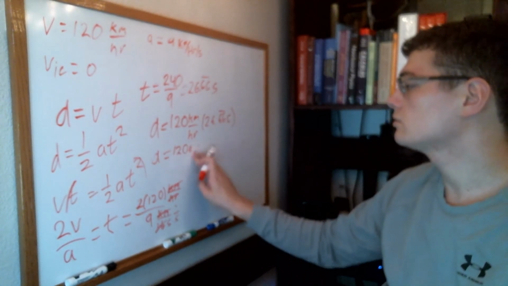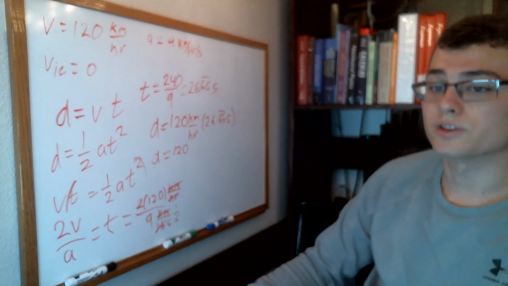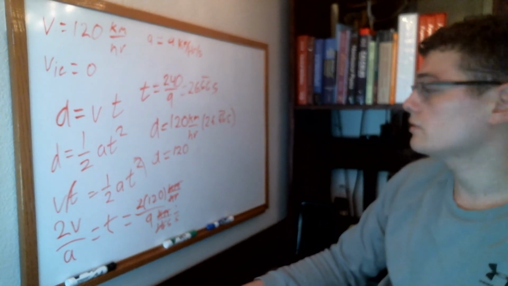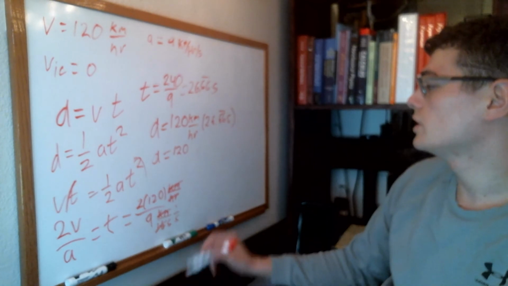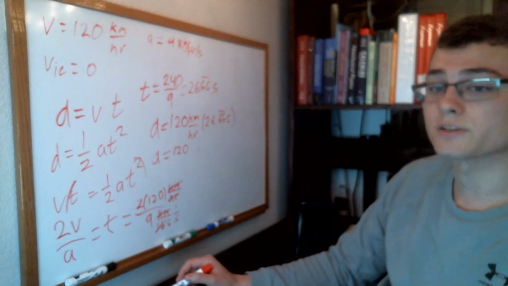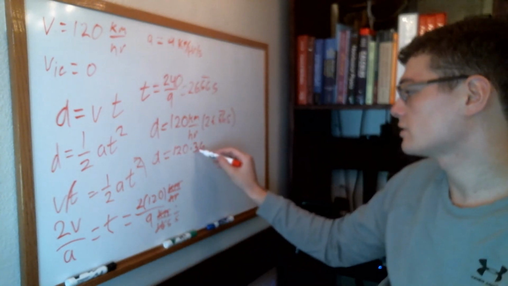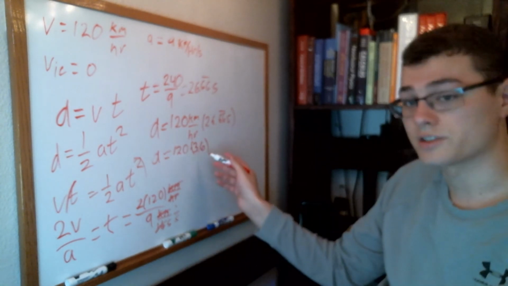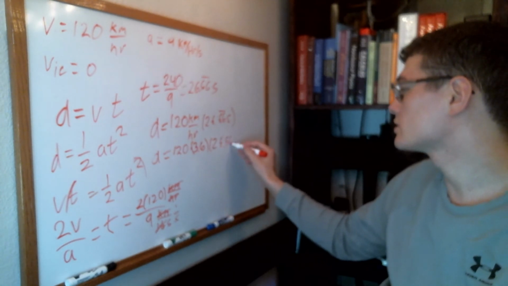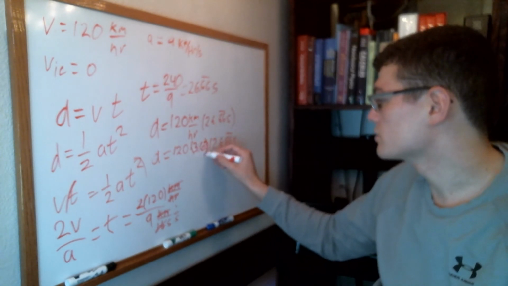Oh, and also we can make this a little simpler by converting kilometers to meters. And that's going to take a factor of 1,000 out. So instead of multiplying this by 3,600, we can multiply it by 3.6, because it's going to be 3,600 divided by 1,000, and then 26.66 seconds. And this is going to be meters per second here.